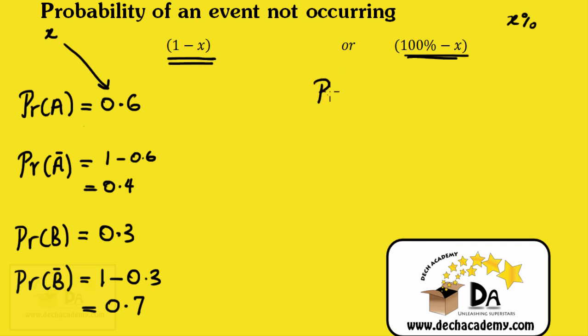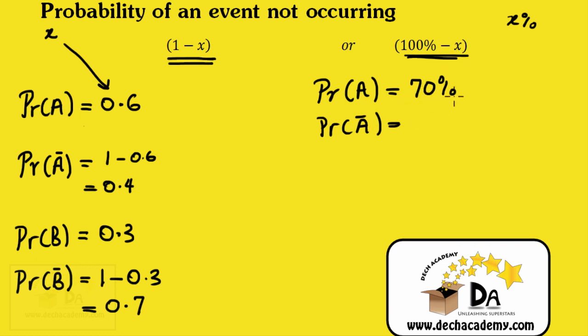So we're just going to focus on probabilities on the percentage scale. The probability of event A occurring is given as 70%. The probability of event A not occurring is given by 100% minus x.